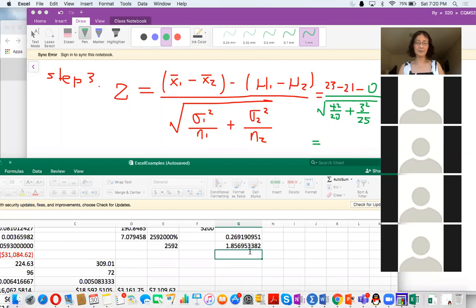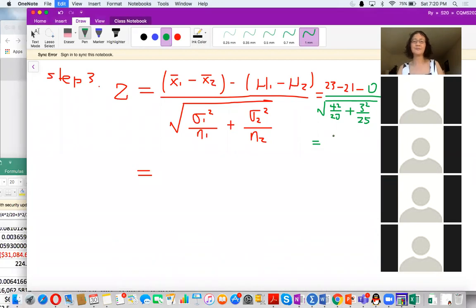This is on the bottom. So I get test statistic 1.85. Okay, this is my test statistic, step 3.